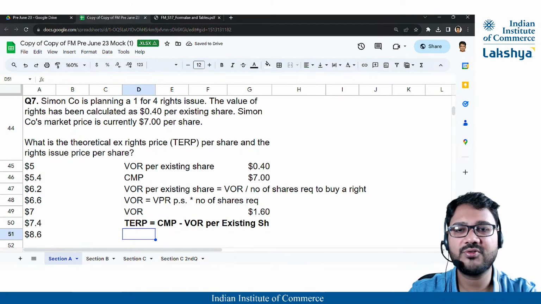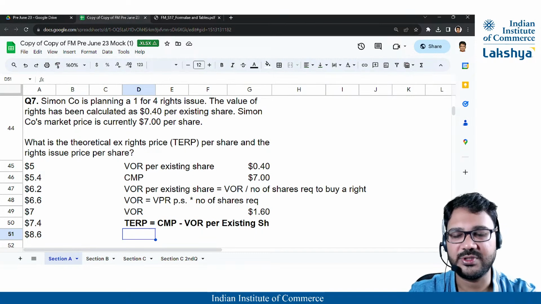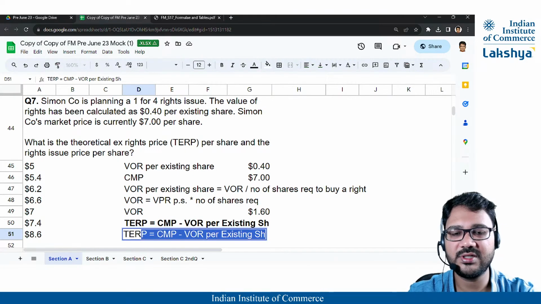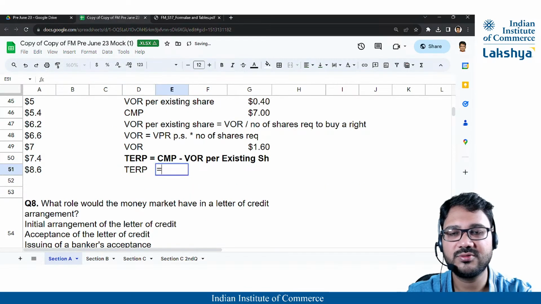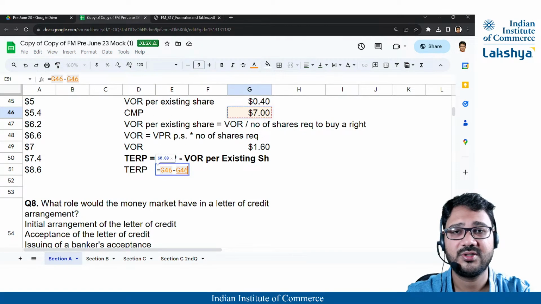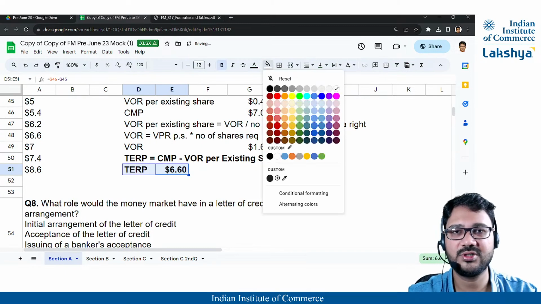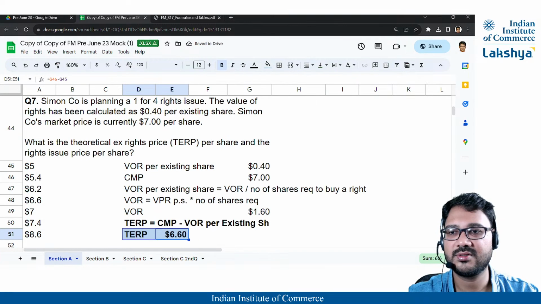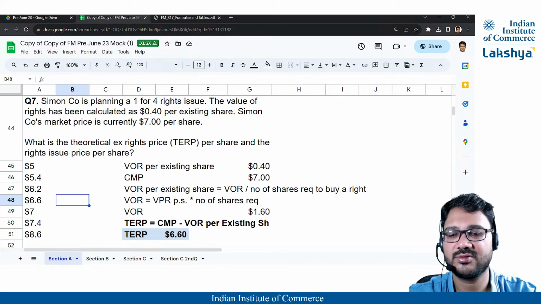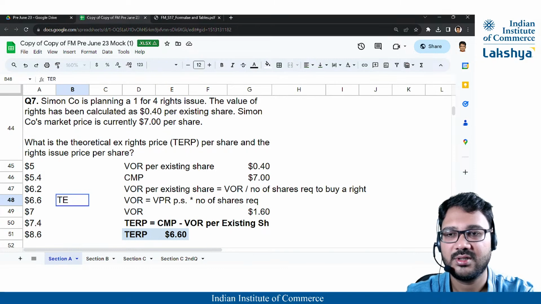So using this, we can find our TERP, which is asked, equal to current market price minus 0.4. Okay. So $6.6 is our TERP. So let's mark 6.6 over here as our TERP.